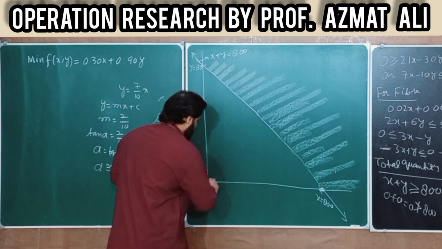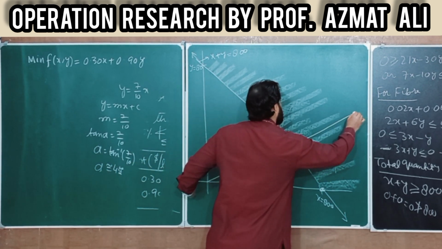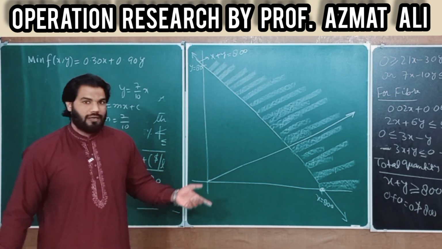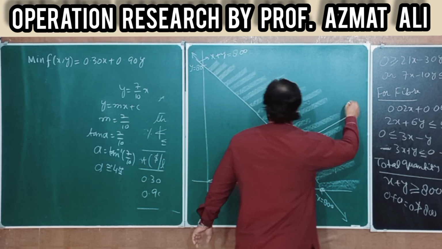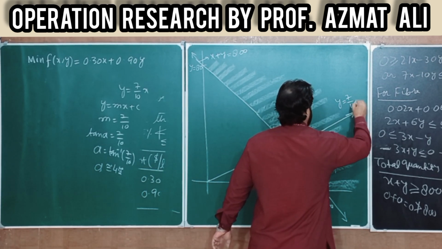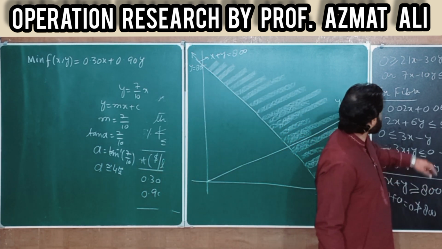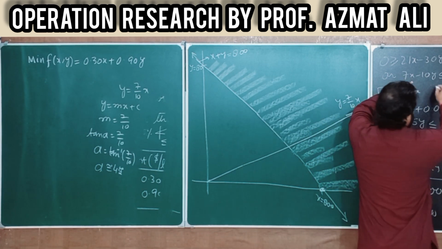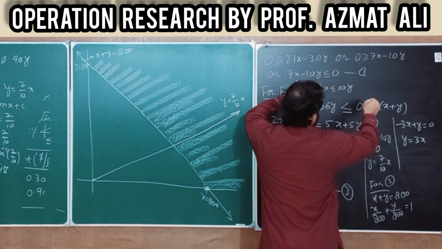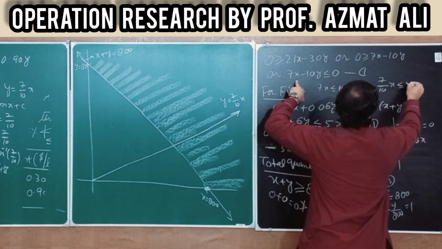So suppose this is the angle that this line makes here. This is the major difference of this question from the earlier one. So this is the graph of y is equal to 7 by 10 x. Now you can notice that this can be written as 7x less than or equal to 10y, or 7 by 10 x less than or equal to y.